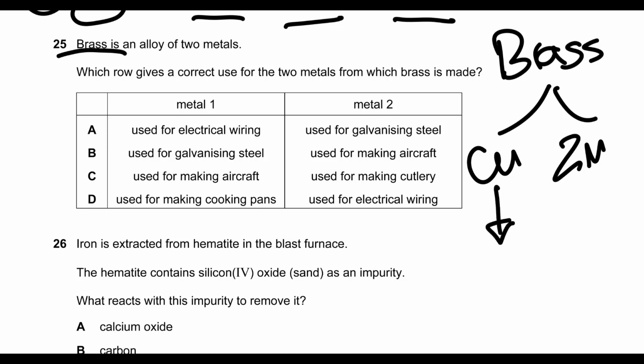Copper is used for electrical wiring, and zinc is used for galvanizing steel. So option A is the best option which fits brass, because metal 1, copper, is used for electrical wiring, this is correct, and metal 2, used for galvanizing, is zinc.